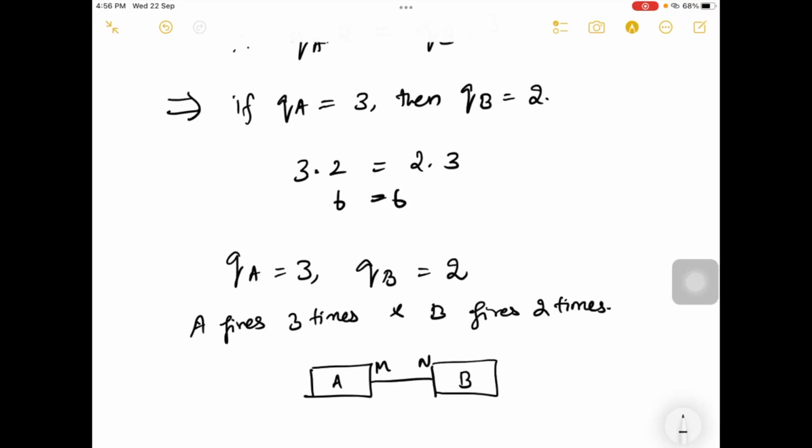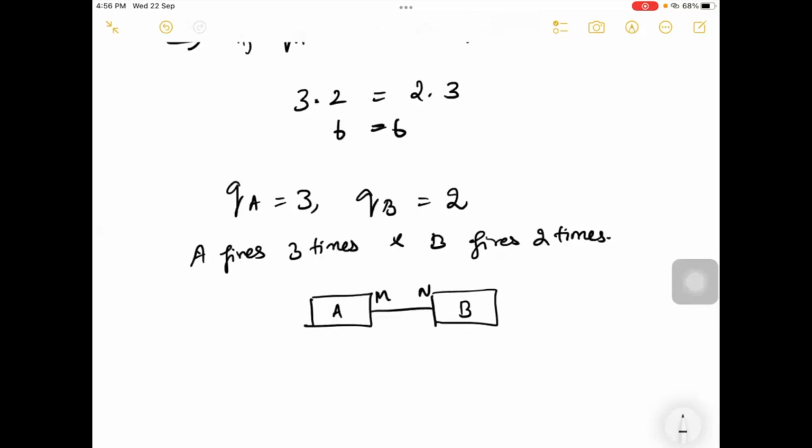So A has to fire first. The choice could be like this: A, and A, and then once A is there, I can have B and B.